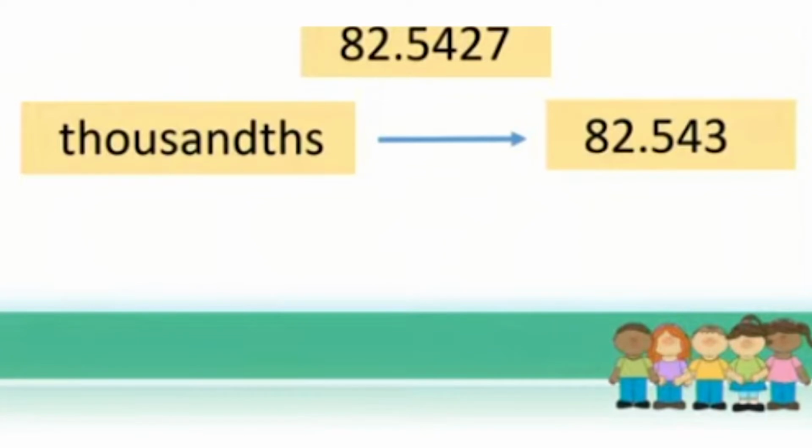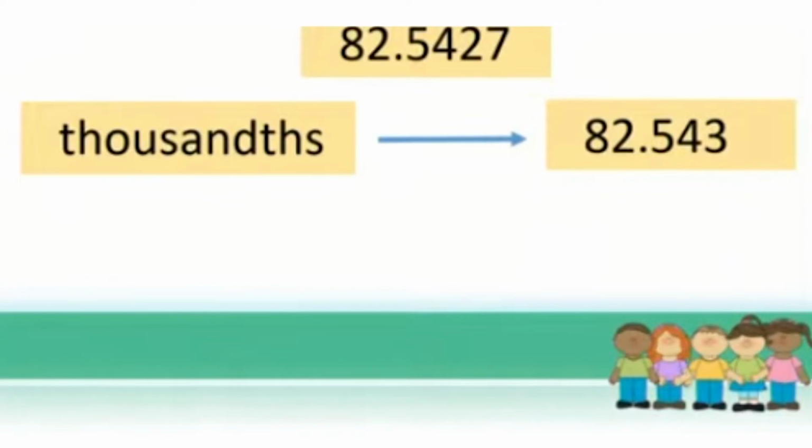Because the digit in the thousands place is 2, and the right digit of 2 is 7. So, round up. Add 1 to the rounding digit, that is 2 in the thousands place, plus 1 is equal to 3. And drop all the digits to the right of the rounding digit with zeros.